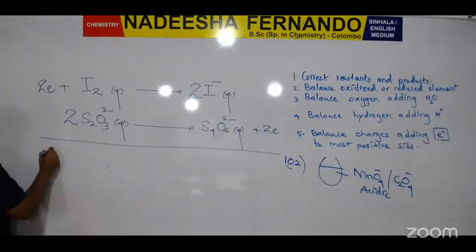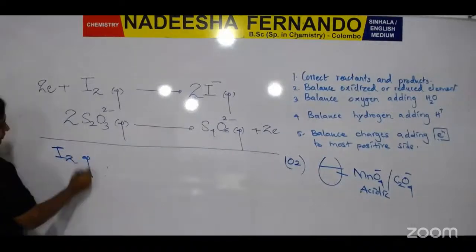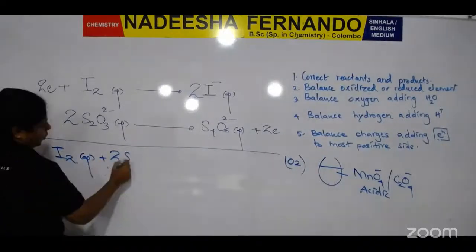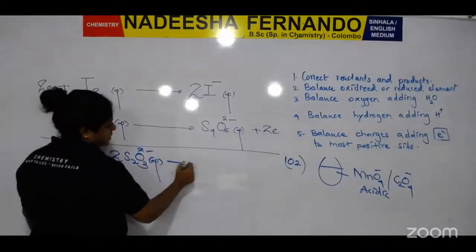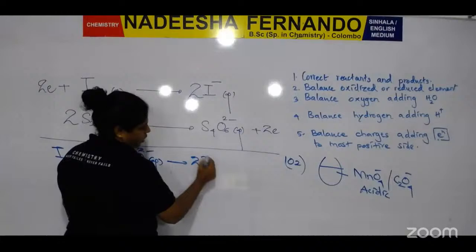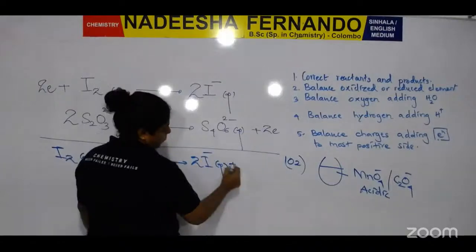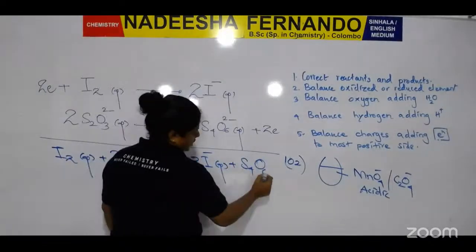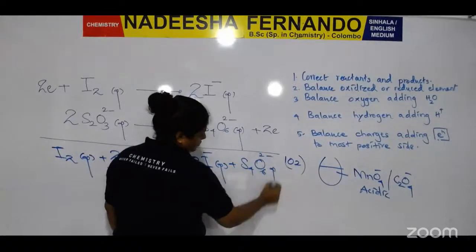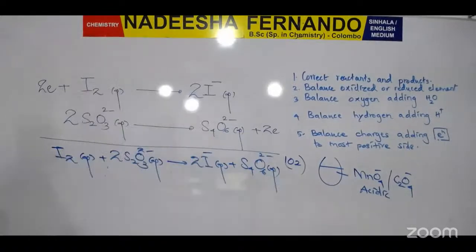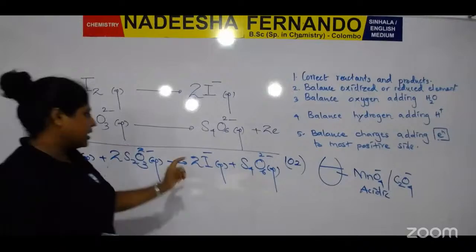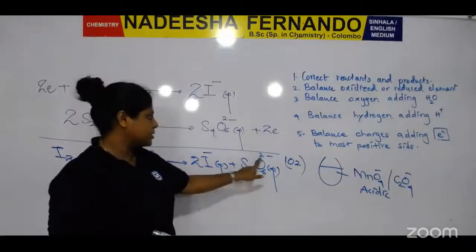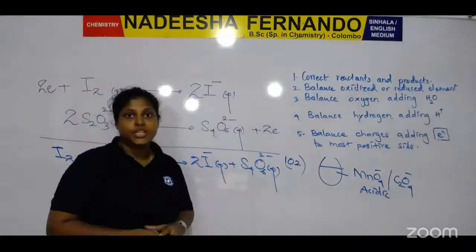I2 plus 2 S2O3 2 minus goes to 2 I minus plus S4O6 2 minus. This is the balanced reaction. Here 0 charge, 2 into minus 2 is minus 4. Other side, minus 2 plus minus 2 is minus 4.